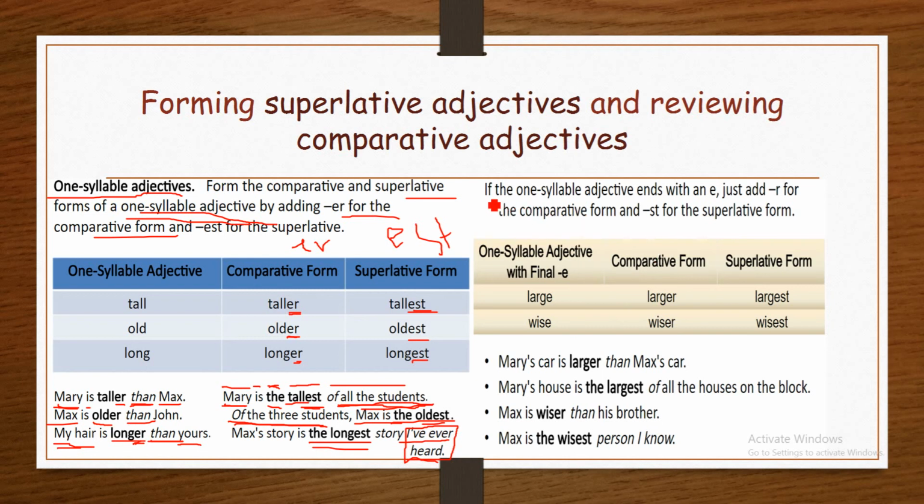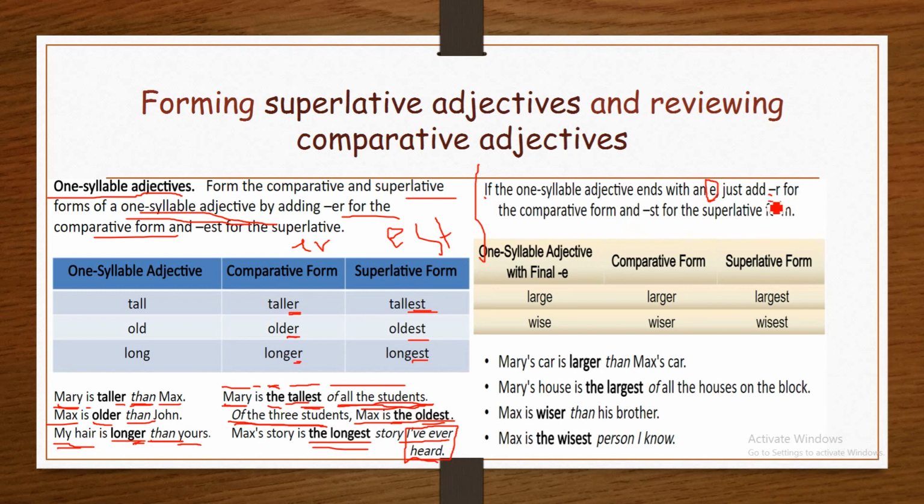Another type: if a one-syllable adjective ends with E, just add R for the comparative form and add st for the superlative form.